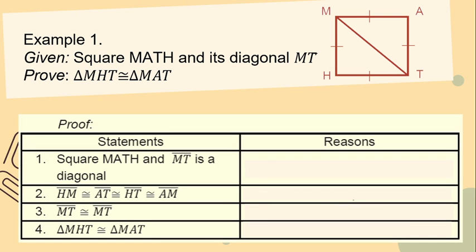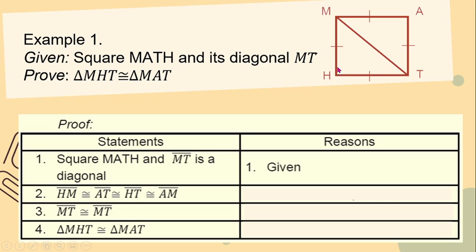Now, let's have an example. Given square MATH and its diagonal MT, we're going to prove triangle MHT is congruent to triangle MAT. Ito na yung proof natin. May given na tayong statement, so we're going to give the reason. Statement number 1 is square MATH and segment MT is diagonal. That is from the given. Then, HM is congruent to AT, congruent to HT, and congruent to AM.